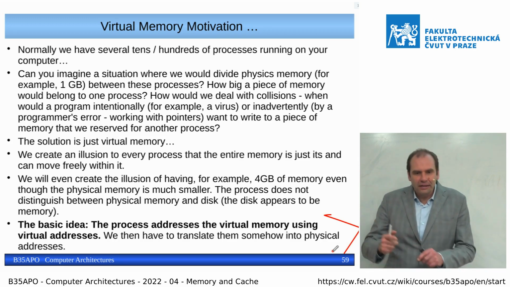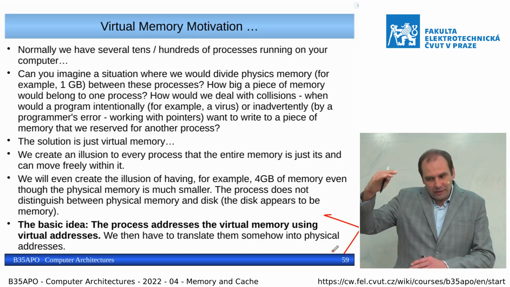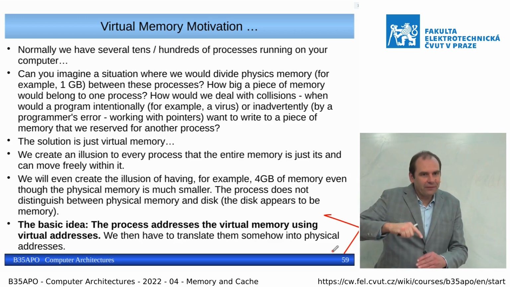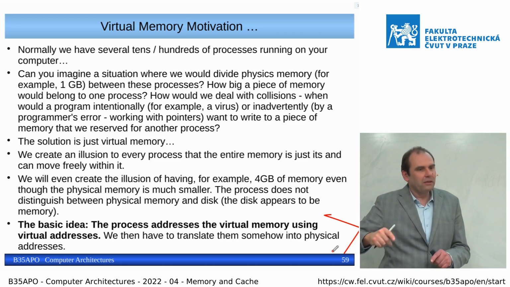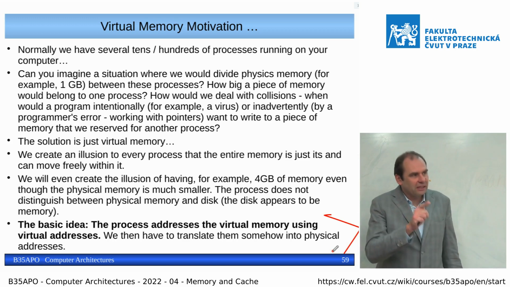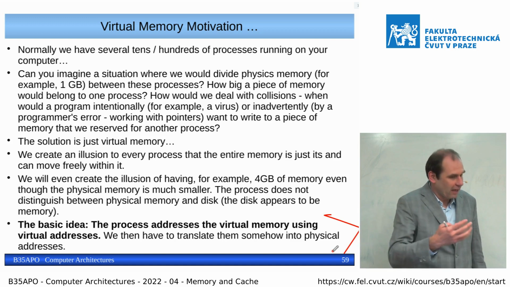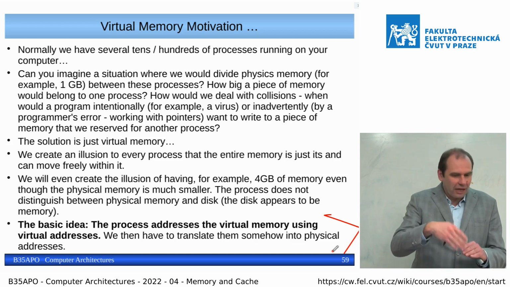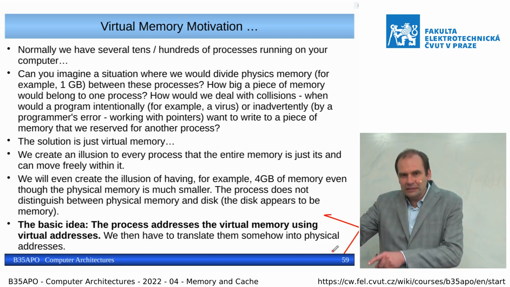And so we can work with that bigger data set, at the expense that if we access a part which is not actually available in the main memory, then there is an exception, and we need to use services of the operating system in the background, which ensures that it swaps out data which are, for example, modified in memory, puts them to the disk, and swaps in another area.